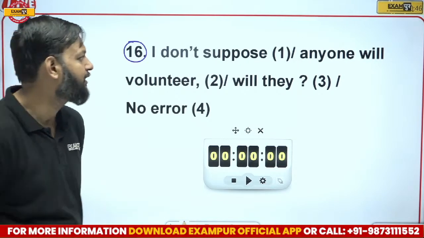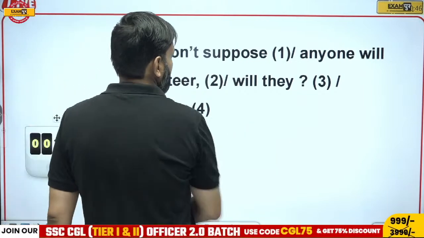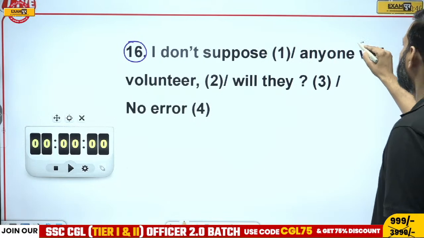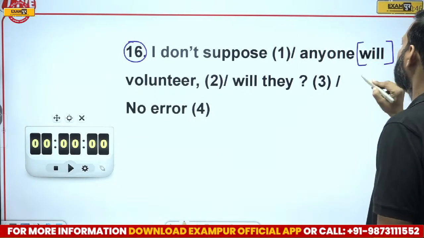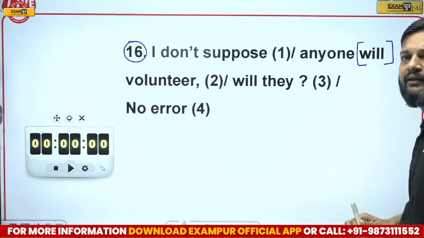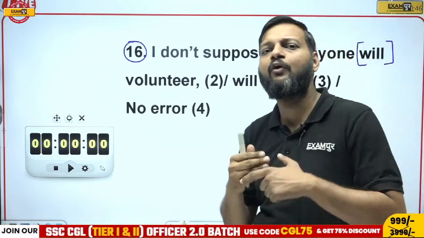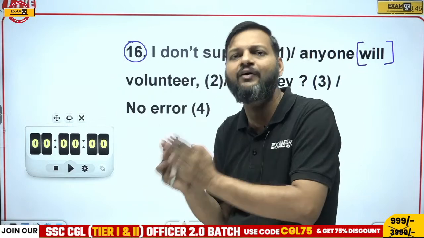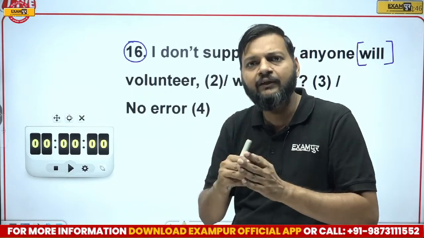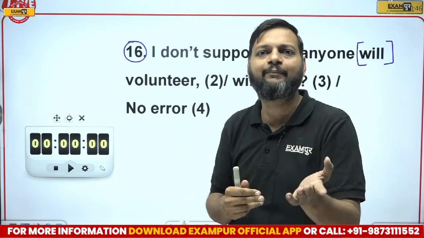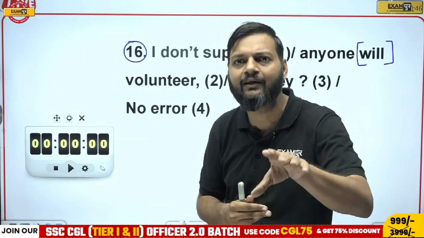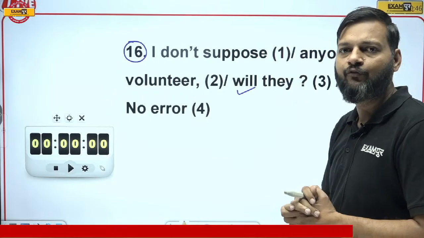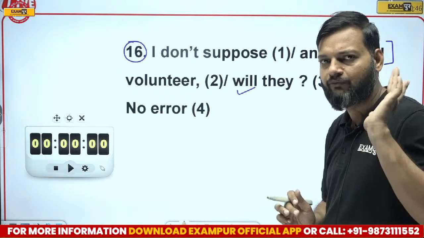See, here the helping verb is will. The helping verb of the sentence is used as the helping verb of the question tag as well. So if the sentence has will, you cannot change it in the question tag. So will is absolutely correct.